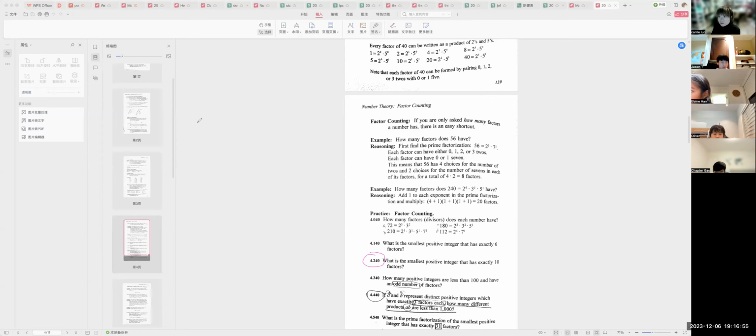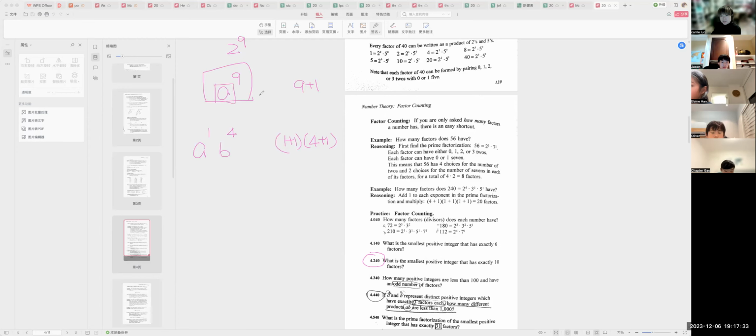Okay, so I'm going to explain this one. What is the smallest positive integer that has exactly 10 factors? So you have to think about how we can get 10 factors. There's only two possibilities, either a to the power 9 or a power 1 and b power 4. Get it, everybody? Because the number of factors will be 9 plus 1, or (1+1) times (4+1).